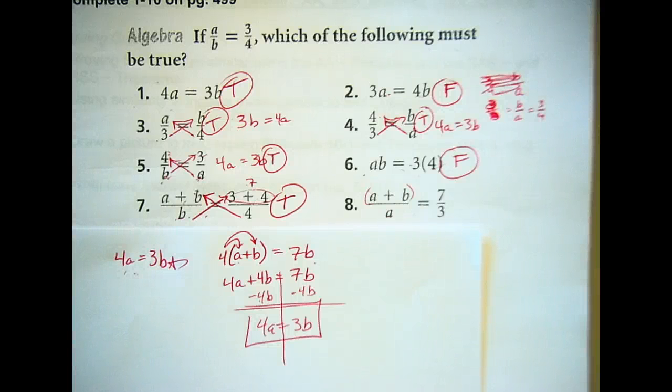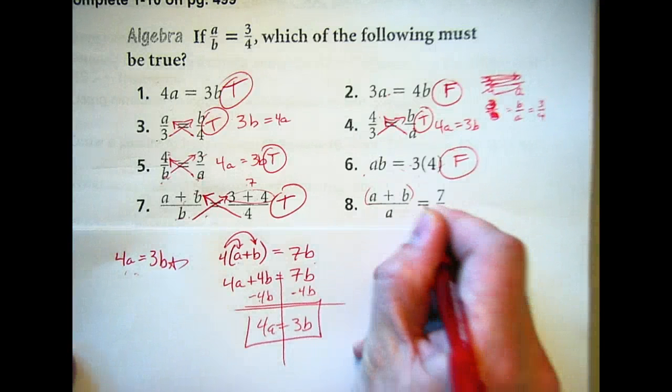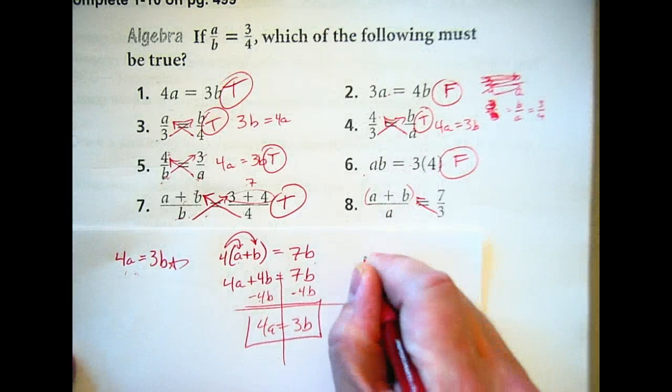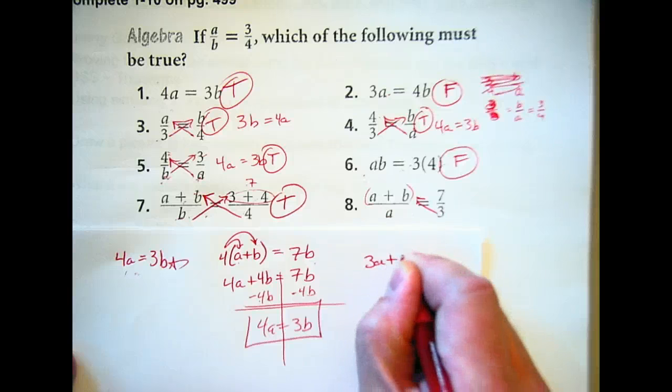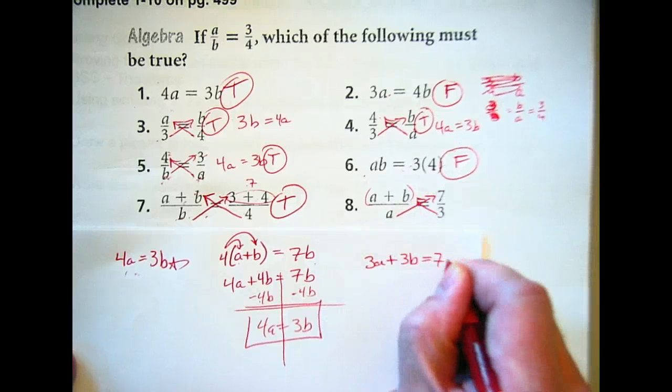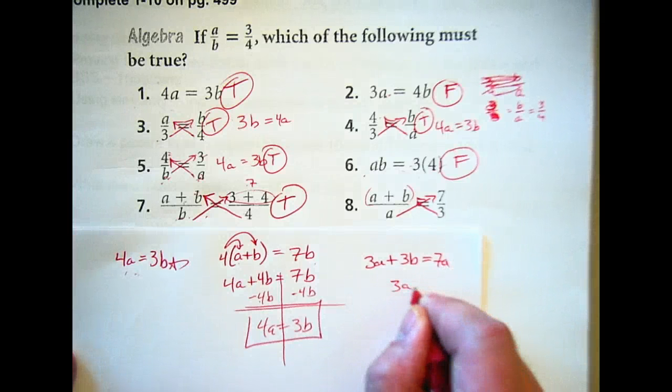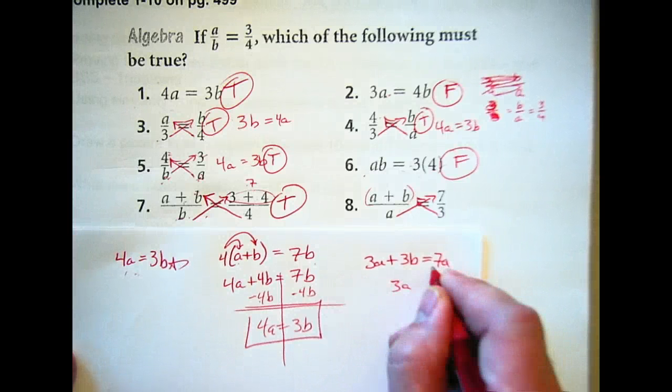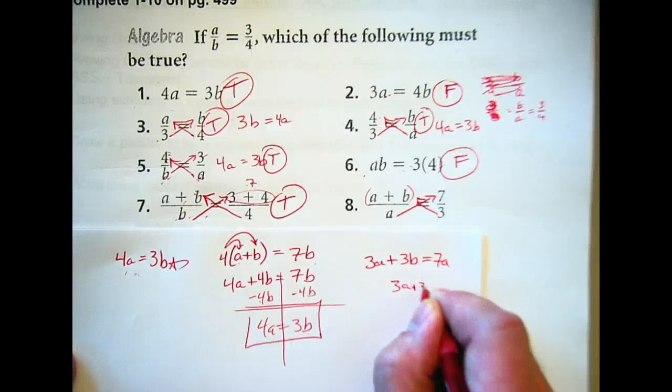Okay, how many say true? False. How many are just staring at it waiting for it to get done? Come on, man. So what's 3 times A plus B? 3A plus 3B. What's this? 7A. So 3A plus 3B equals 7A.